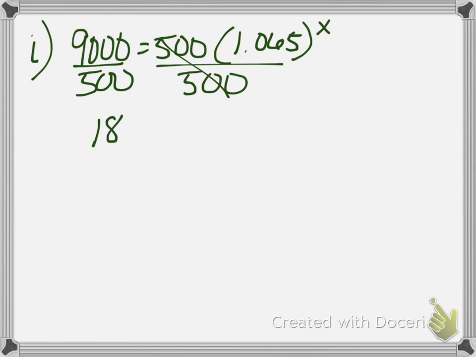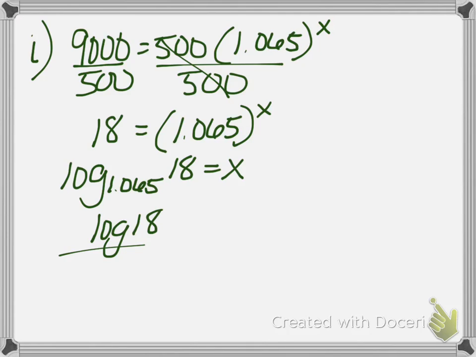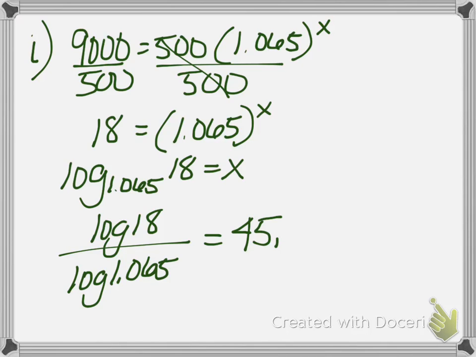That gives 18 equals 1.065 to the x power. Anytime you see this, you want to start thinking, oh, log. So log base 1.065 of 18 equals x. Again, I'm going to have to use change of base, so log of 18 divided by log of 1.065. When we do that division, we get 45.897.